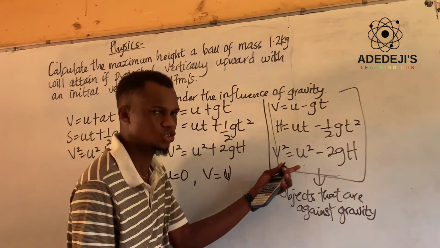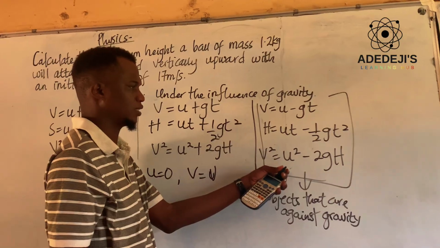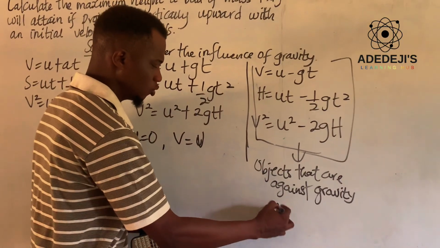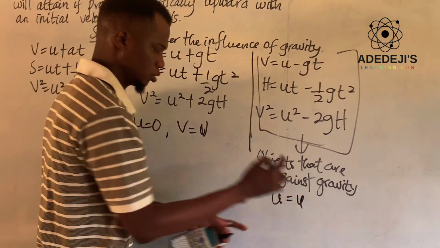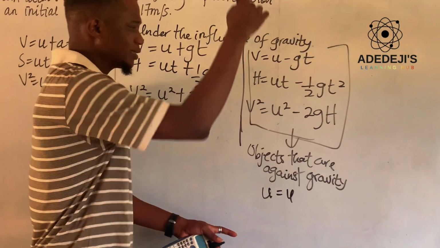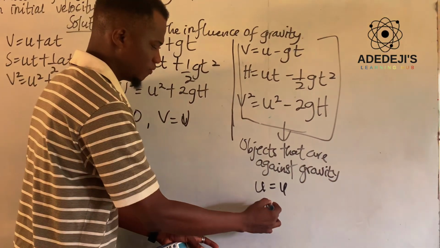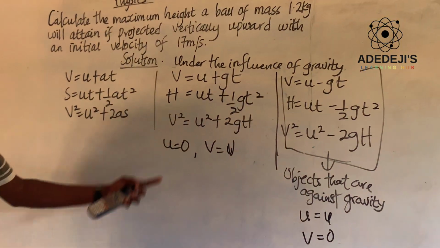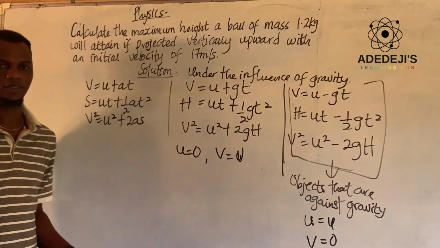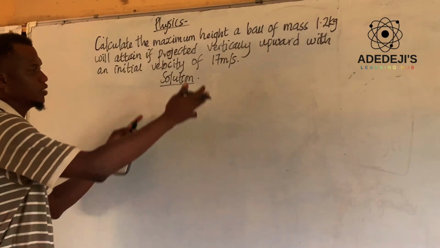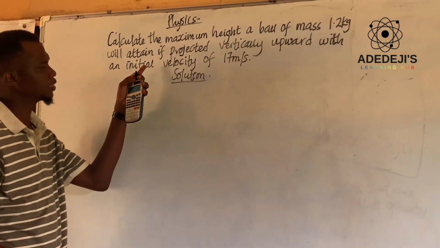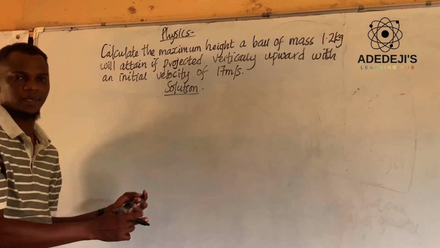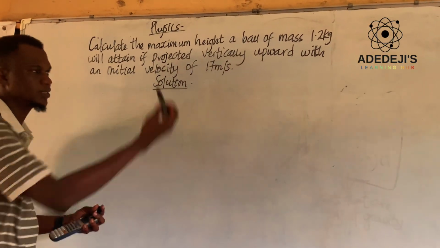But for an object that is thrown up against gravity, in this case, our u is equals to u. U is given, but at the maximum height, our v is equals to 0. Therefore, we can now come back to this question. Having explained that, you can now see clearly that this case here is a case of motion against gravity.